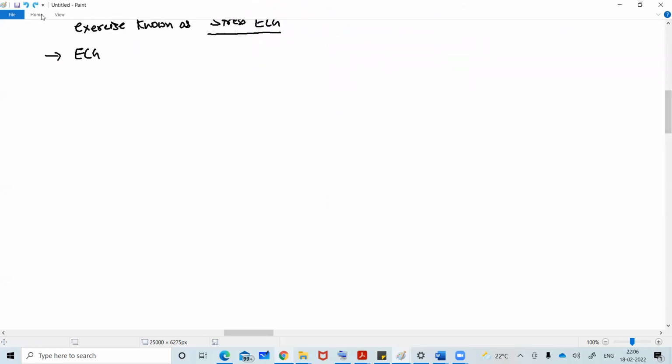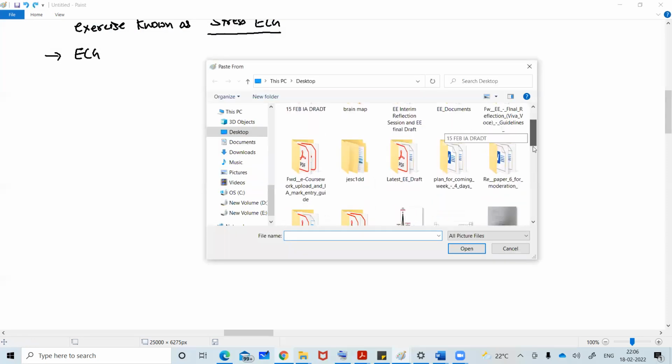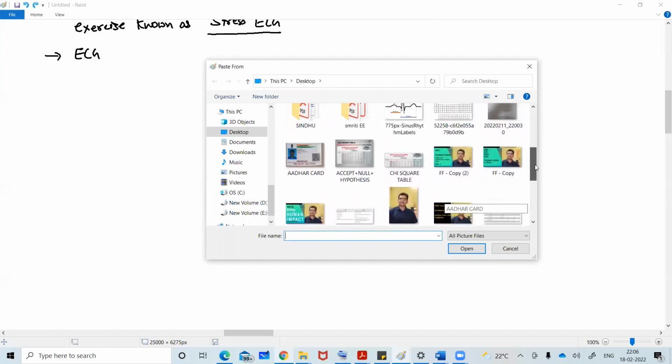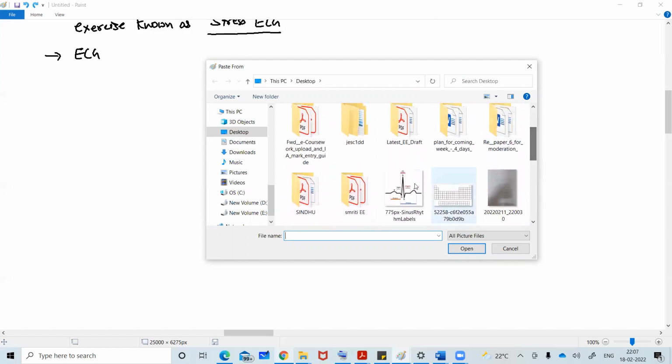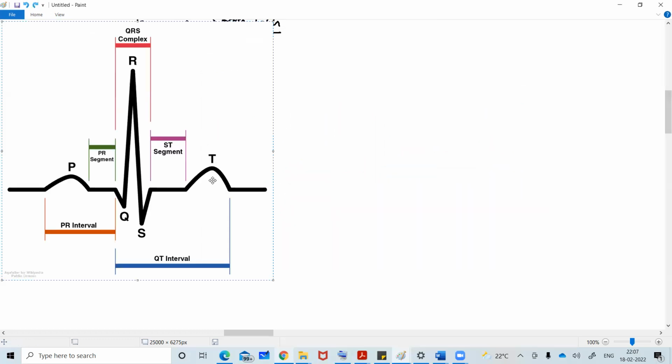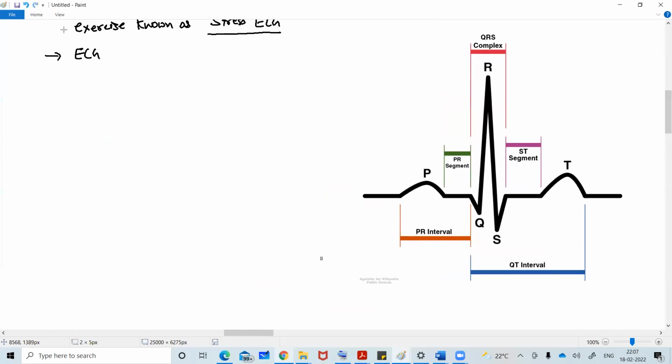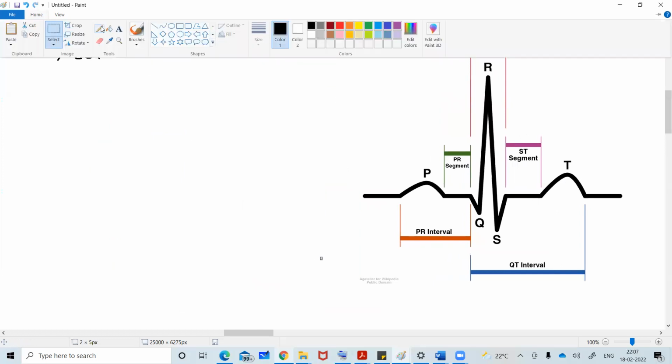Then I will discuss what it is and what they are doing. Let's see this. This is the graph, a typical graph. I have taken one.